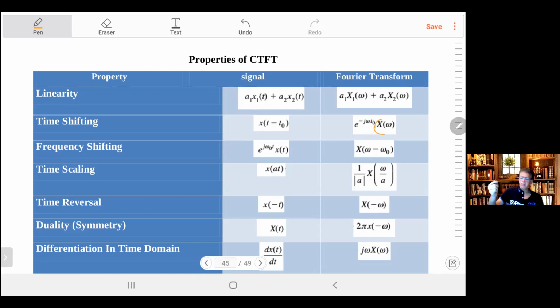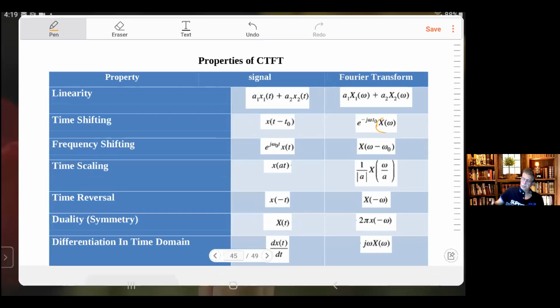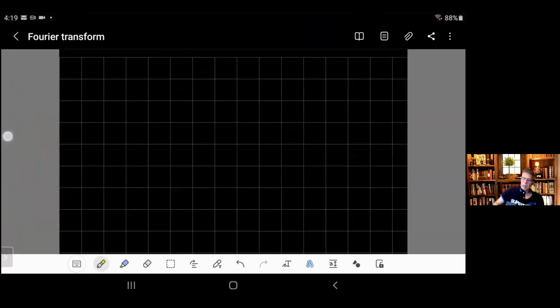Of course, if we just go through it and read it for you, you will not really understand it. So let's take one example and see how we can use the properties to find the Fourier transform for some function related to the given one. Let's say the original function given, x of t, was e to the power of minus 2t u of t.